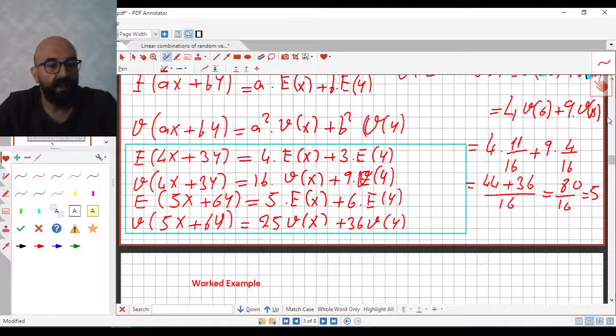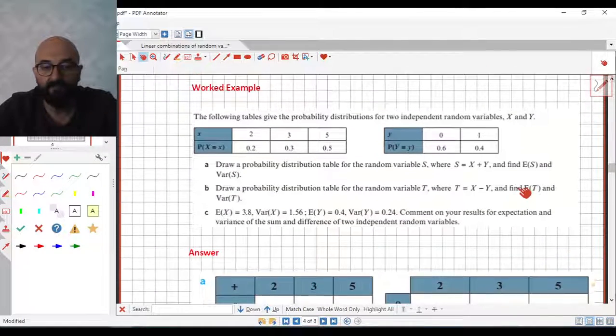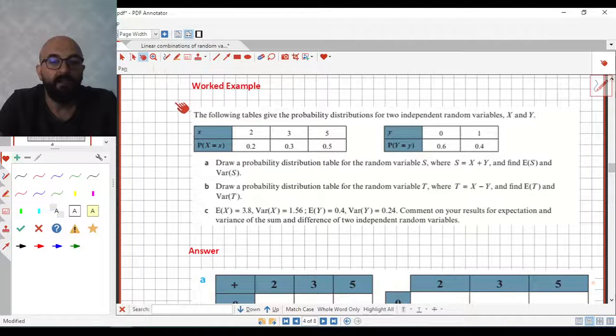Okay, now we have an example. The following tables give the probability distribution for two independent random variables X and Y, with the values of X and their probabilities, and the values of Y and their probabilities.